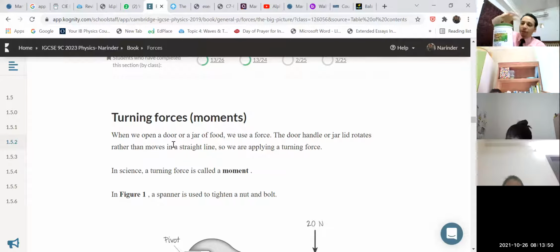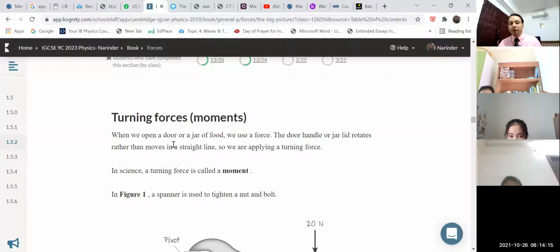I'm applying a force in the anti-clockwise direction. I have applied a force, and the result is that this object will rotate. So remember, my dear children, a force does not always make an object move in a linear or straight path. It also makes an object turn.